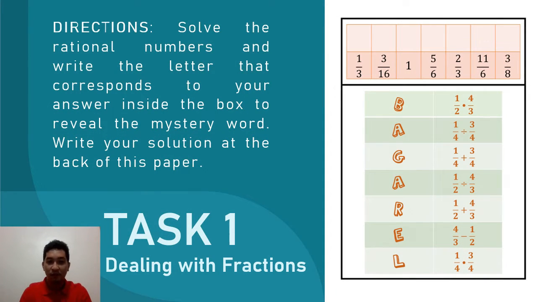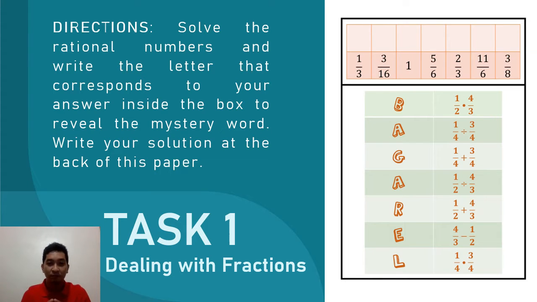When you were in grade 7, you were introduced to illustrating rational numbers or fractions. As I told you last week, when we say rational algebraic expression, we are actually referring to fractions of algebraic expressions. Now, when we say rational numbers, it's simply a fraction.